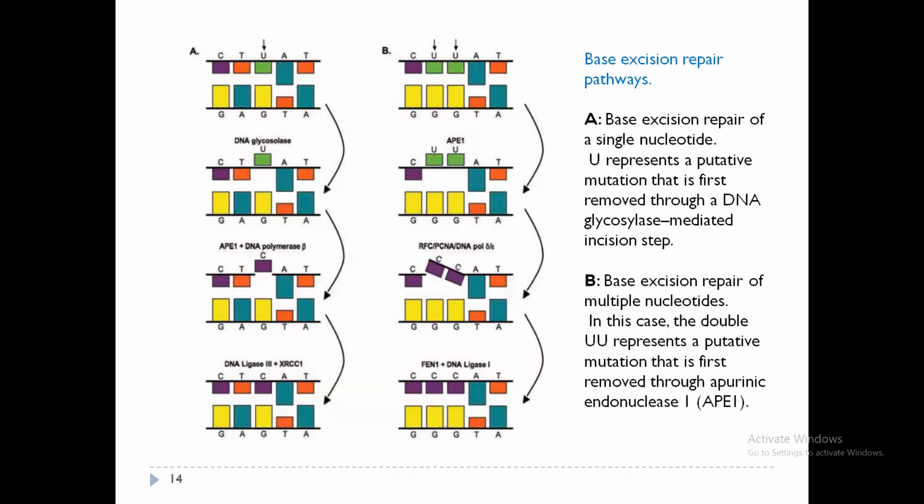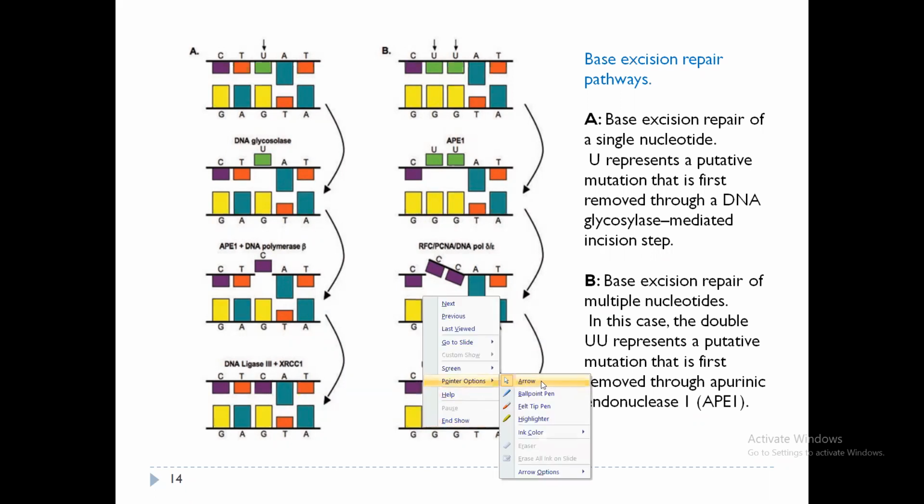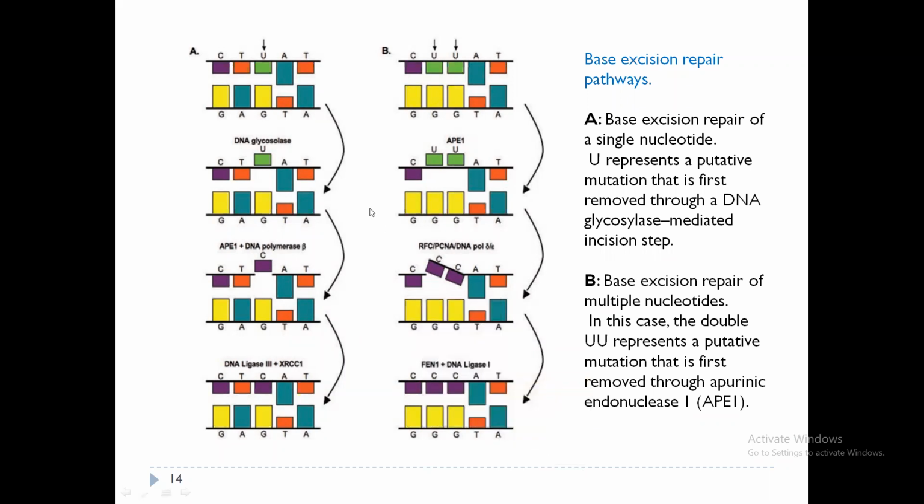This is a picture which shows base excision repair pathways. We can see in picture A, there is a single abnormal base U, and it will be removed by DNA glycosylase.